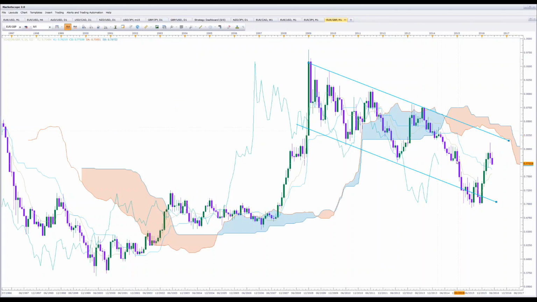The moment it crossed below the Ichimoku cloud, that was obviously a major bearish signal, and that was back in 2013. Right now it remains below the Ichimoku cloud, so we can still see the downward pressure maintained before we see any sort of major correction of euro pound, right?